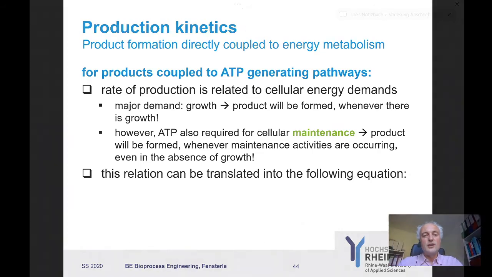If we look at this, we can say that our rate of product formation, Rp, is equal to Rx, our rate of biomass formation, fold the yield coefficient, so the yield of the product formation per biomass formation.